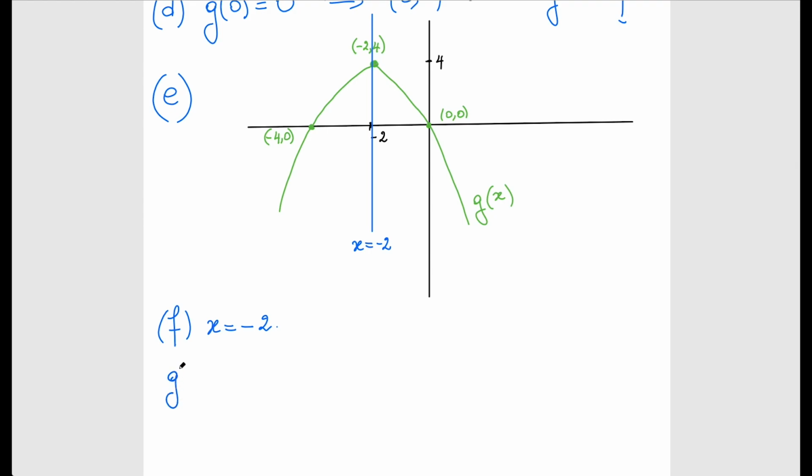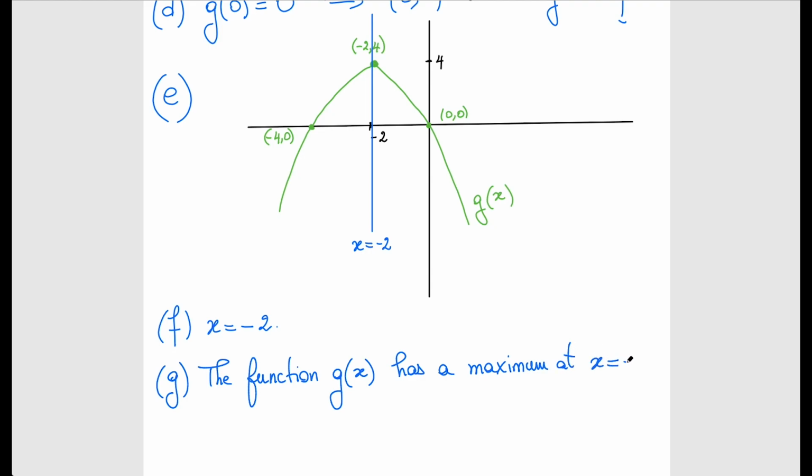So the function g of x has a maximum at x equals -2. That's the h guy.